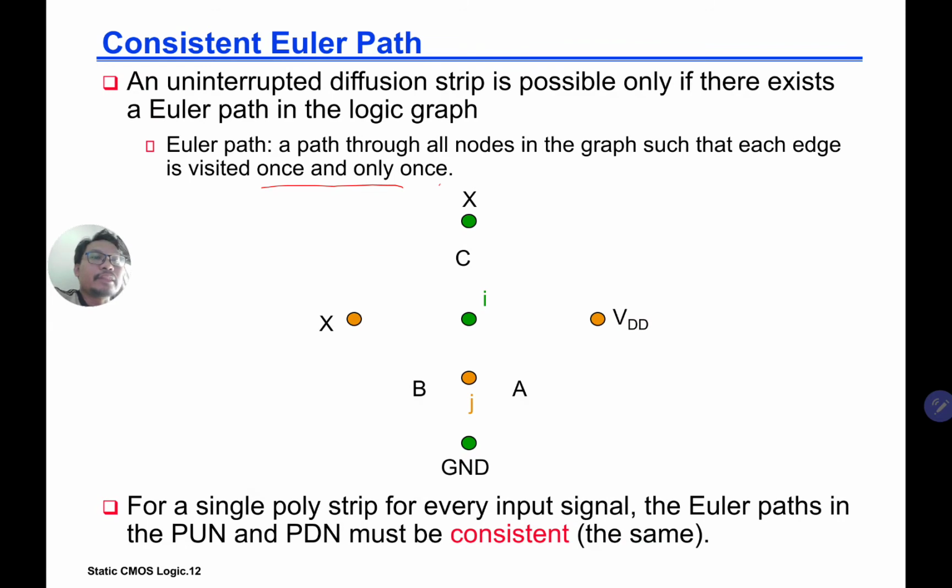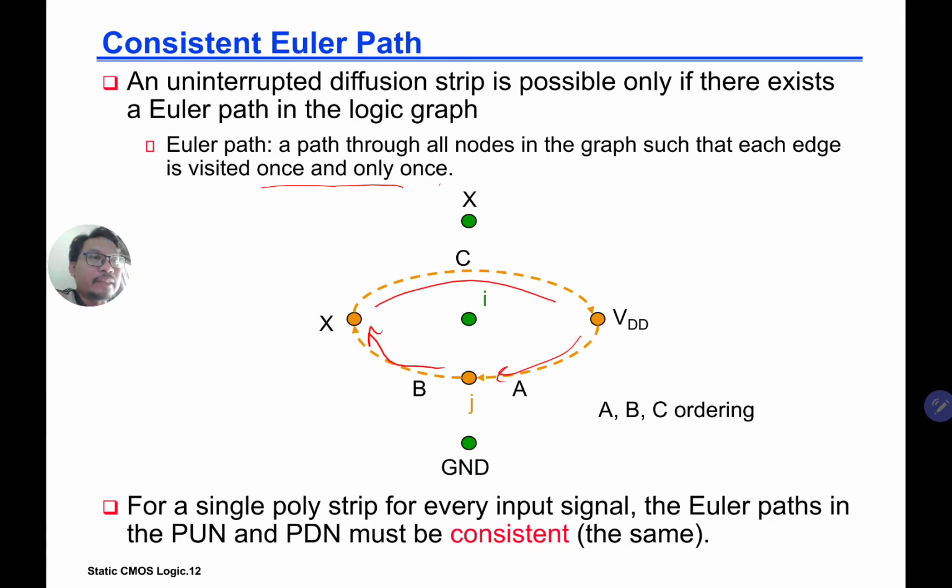Okay, so let's have a look at this example here. Remember, each line is a transistor. So if you do the ABC ordering, we go A, B, and C. This is for the PMOS. For the NMOS, it must conform to the same one.